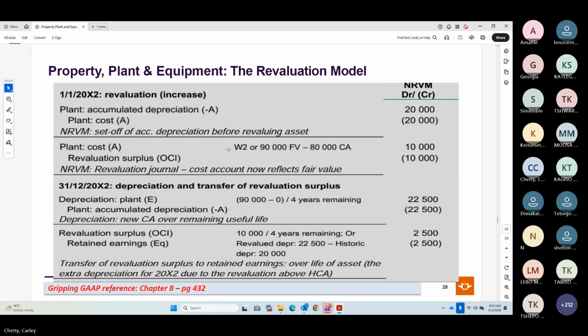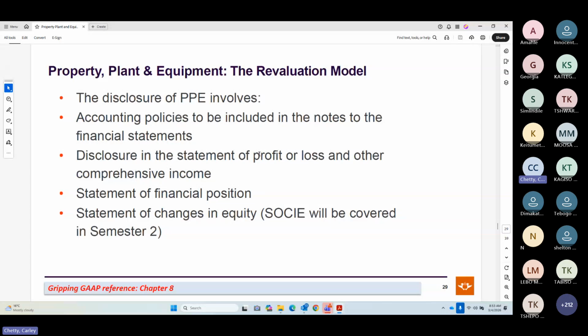Okay. Let's move on though to some disclosure under the revaluation model. The disclosure of property, plant, and equipment under the revaluation model will involve disclosing things like accounting policies to be included in the notes to the financial statements.